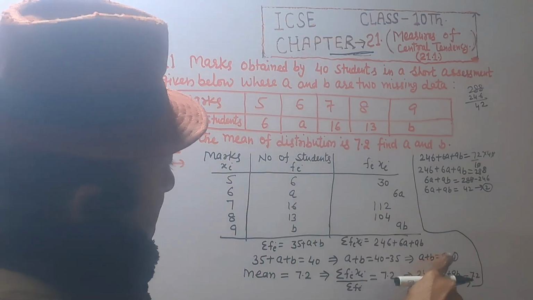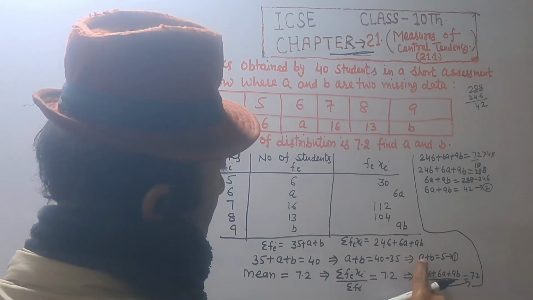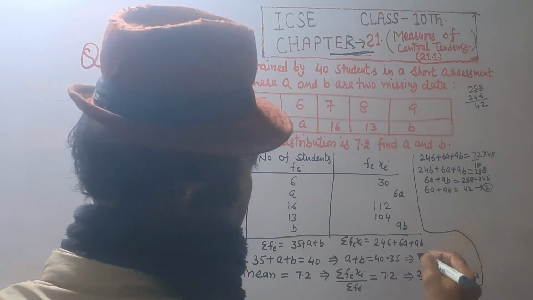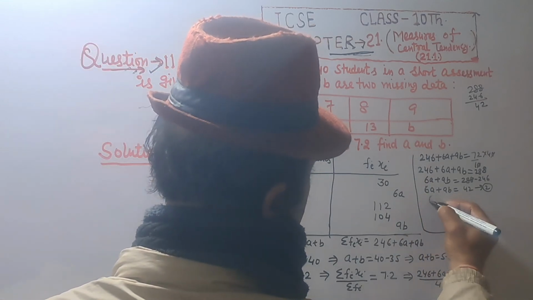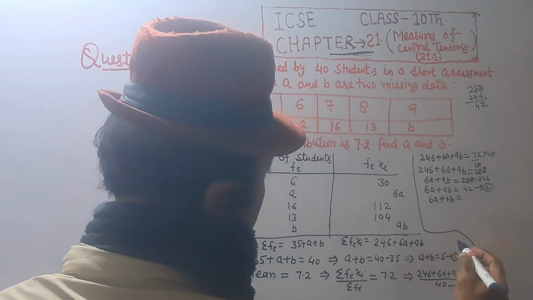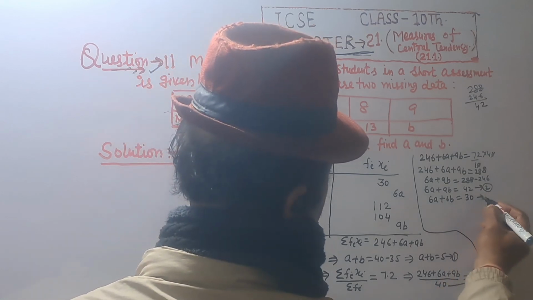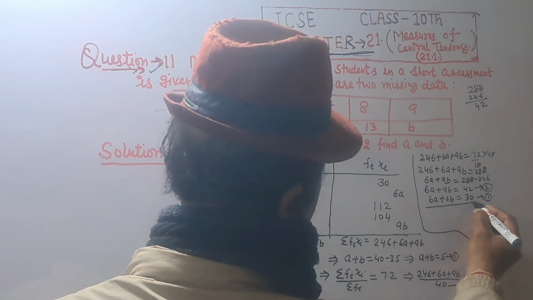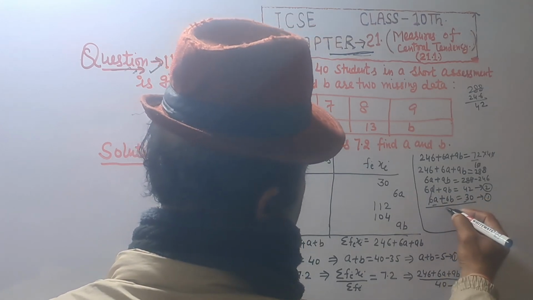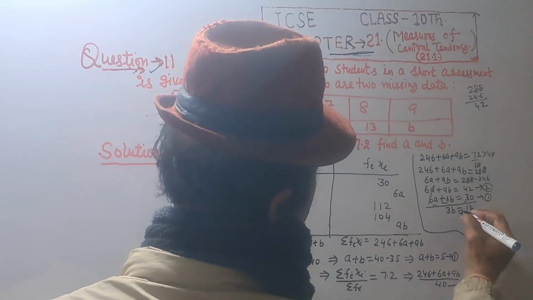From equation first and second, multiplying equation first by 6 and subtracting first and second, we get 6A plus 6B equal to 5 6s are 30, and subtracting, minus minus, 6A is cancelled. 9B minus 6B is equal to 3B, and 42 minus 30 is equal to 12.